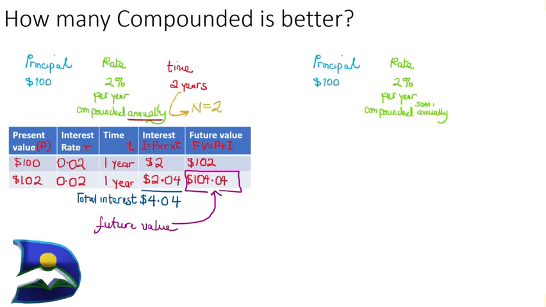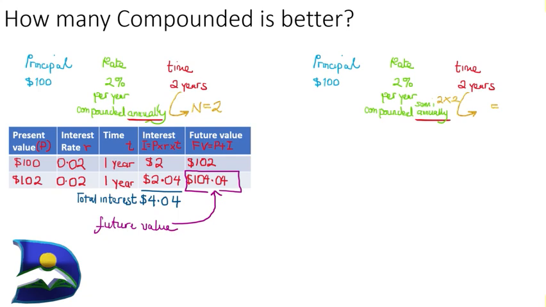So you're getting paid 2 times in a year. If the total time you invest that money is 2 years, the total number of times interest is added to your bank account is 2 times 2, which gives you 4 times.